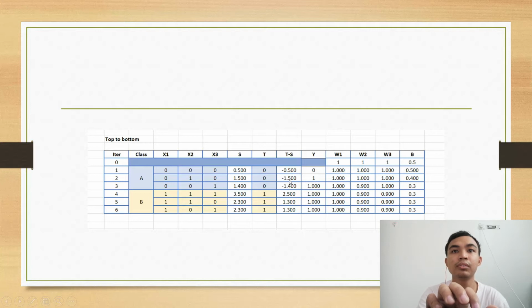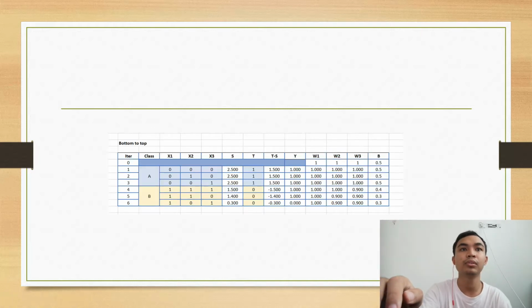So for negative 1.5 we get Y as 1, and then the values W1 is 1, W2 is 2, W3 is 1, and bias will be 0.4. The rest will also use the same values and same formula, and we will get all these values.